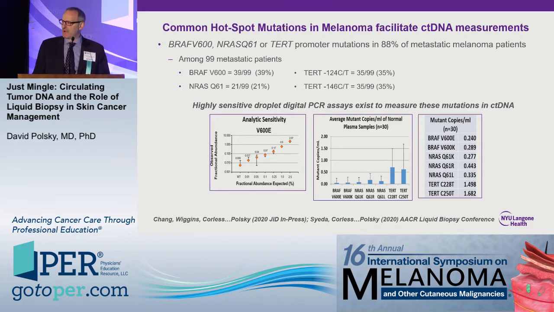And most importantly, for what we're doing with minimal residual disease detection, in the middle was an analysis of 30 healthy donors to find out what's the background level in an otherwise healthy person, so we could come up with a really robust cutoff value. And you can see on the right, those are in very, very low mutant copies per mil. We typically use 5 mils of blood, so about anywhere from 1 to maybe 8 copies in a tube of blood.